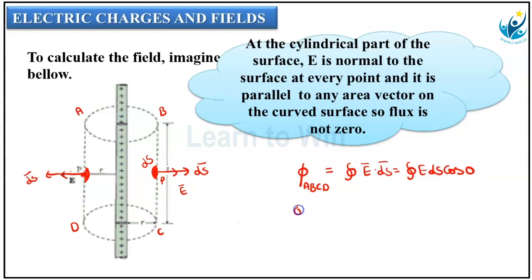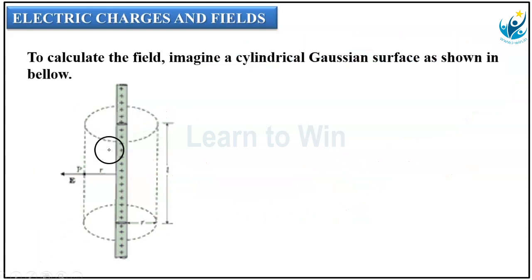Hence, the flux through the ABCD curved surface is not equal to 0.